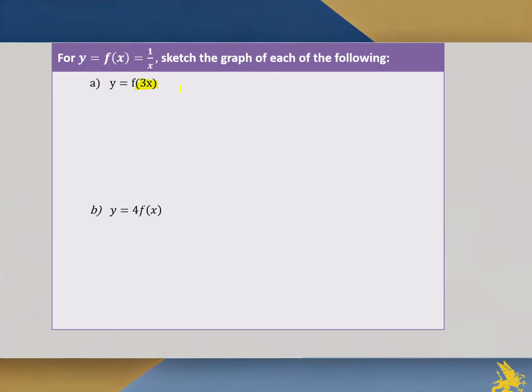So let's have a look at this. The first thing that I'm going to do here, I'm just going to go down to the bottom, is we know our original x value needs to be times by 3. So whatever our x value was. Now, in this case here, the first thing that I'm going to do is get that new x value by itself.